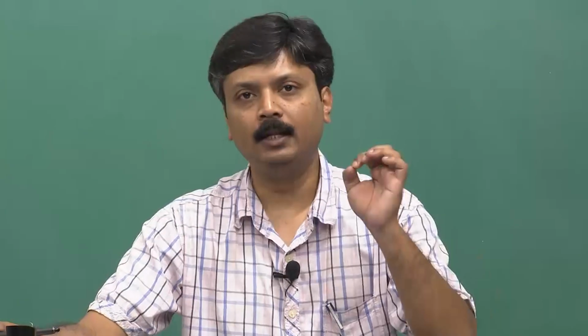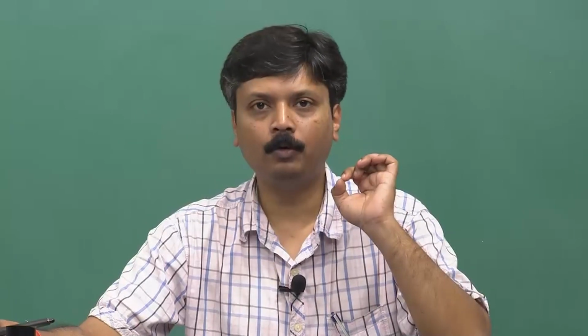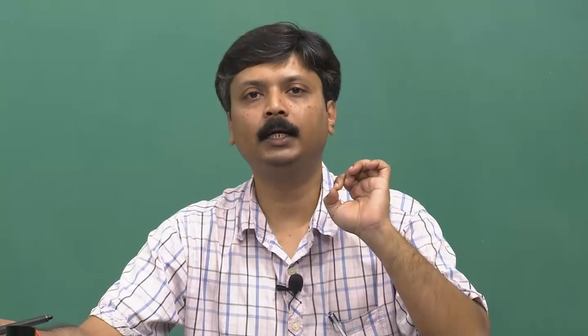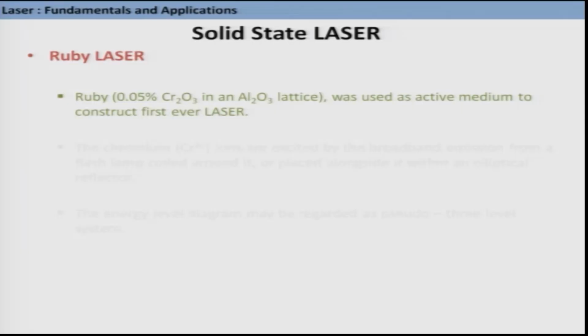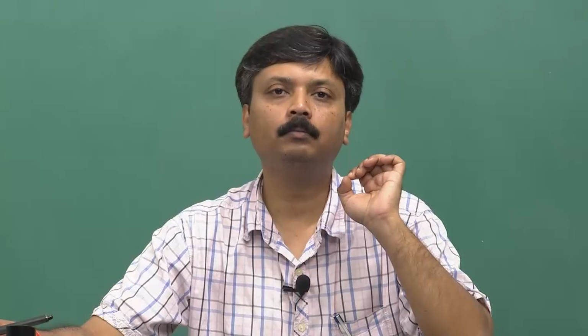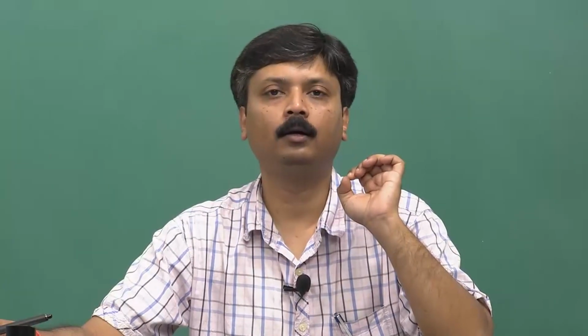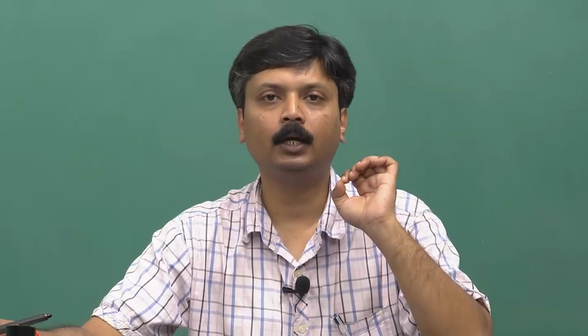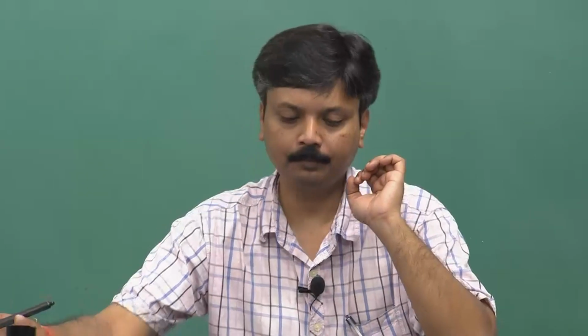But this little amount of chromium does the work, be it its color or its application in laser. These chromium ions provide the electronic states that can give rise to population inversion and hence lasing.